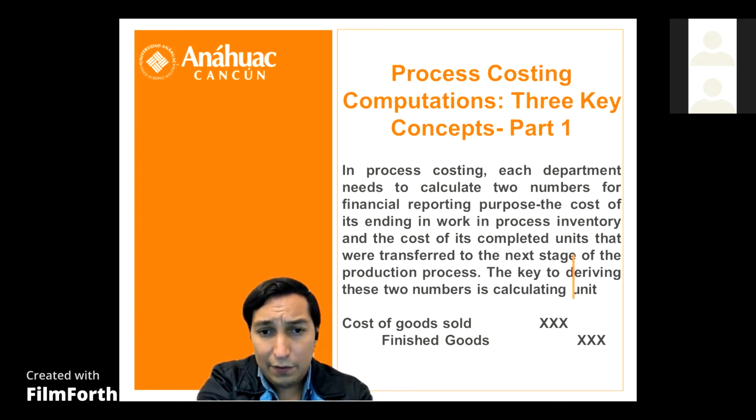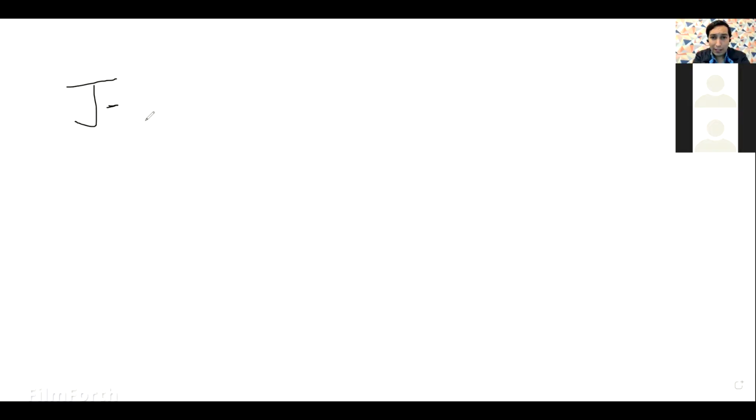Let me try to give you an example. Let's think that we started with 50,000 units for the current period, and we completed 10,000 units. So for this period we have 50,000 units of whatever you want, no worries about the product.